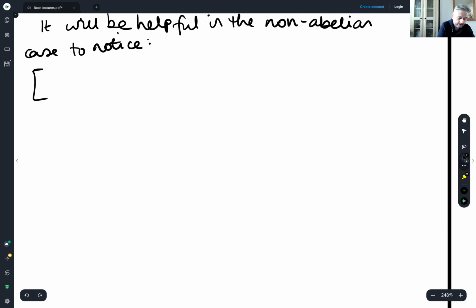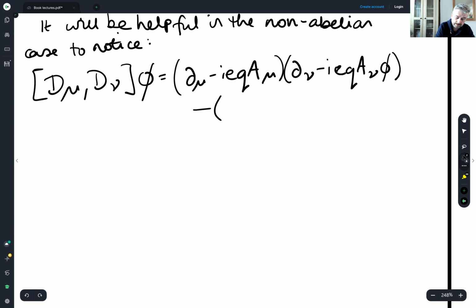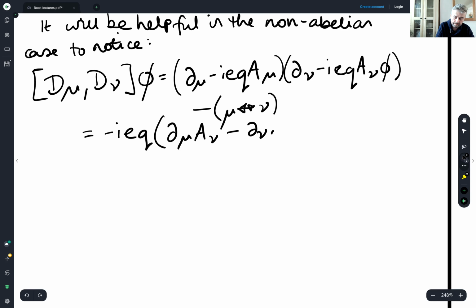Notice that the following commutator of D_μ and D_ν acting on φ, well, we know how to calculate this. Okay, this is these four terms minus the same four terms with μ switching with ν. Which is minus i e Q. So loads of the terms cancel, and we just end up with 2 at the end of the day. Of course, they're anti-symmetric in μ switching with ν.